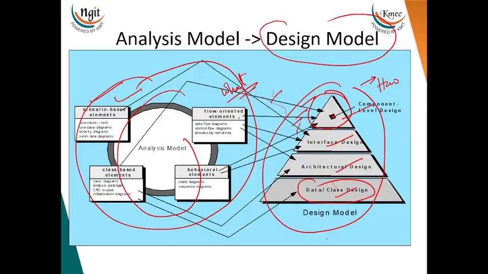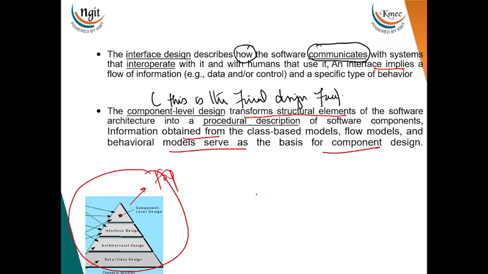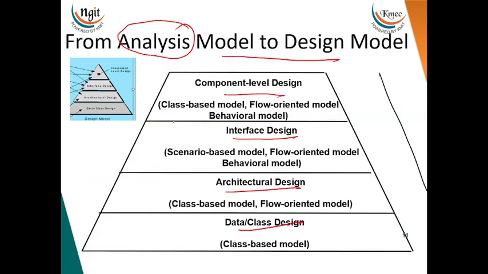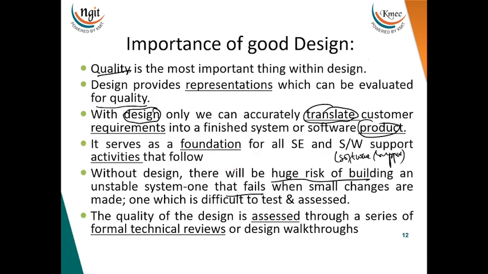Behavior model is also connected to where? It is connected to the data class, which is the class based diagram. Architectural level is designed by the class based flow oriented model. Interface model is connected to scenario based, and component level is connected to class based, flow oriented and behavior.